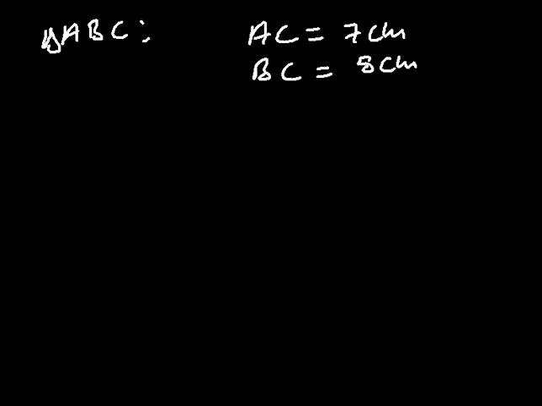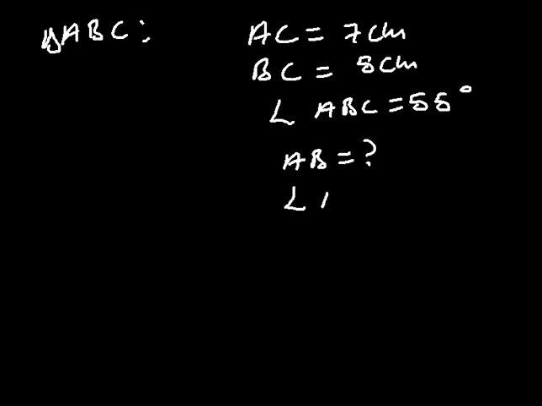In the triangle ABC, given that we have the side AC, which is 7 centimeter, and the side BC, which is 5 centimeter. And let's say we have the angle ABC, which is given as 55 degrees. Now, we wish to have the value of the side AB and also the value of the angle ACB. How should we have it?